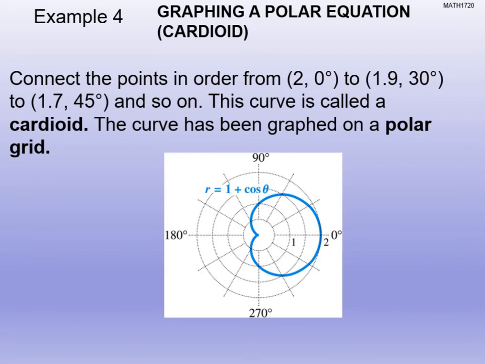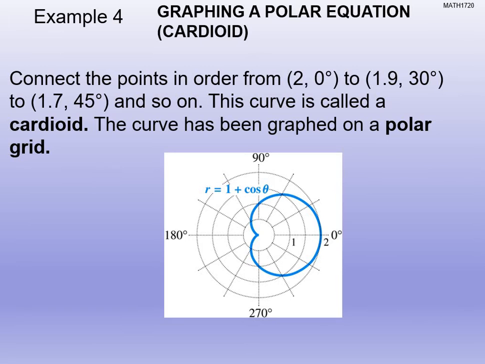The reason it's called a cardioid is because it represents a heart, a graphical depiction of a heart in essence. So you can see how the graph of 1 plus cosine of theta is graphed on your calculator.